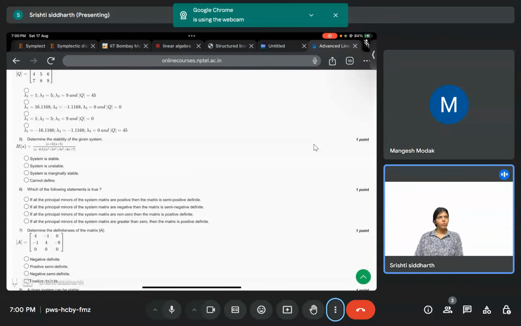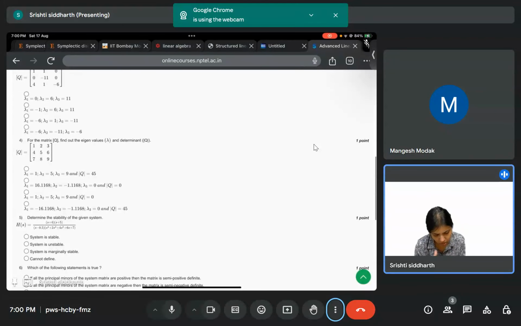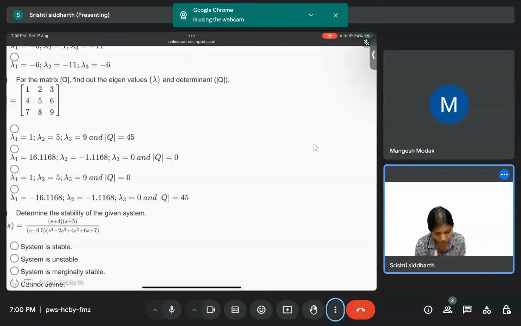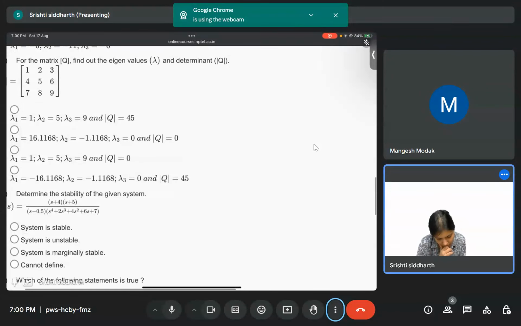By the Routh criterion, it would be marginally stable if the roots are on the imaginary axis. And if there is even one sign change, then the root is on the right hand side, and it would be unstable. One thing you can check is this fourth order polynomial: does it have roots at -4 or -5? Did you check that?